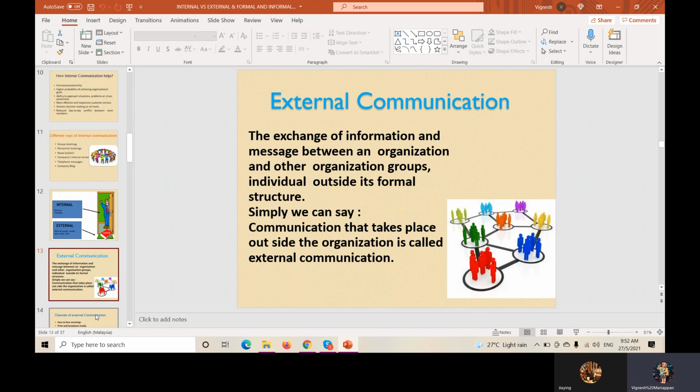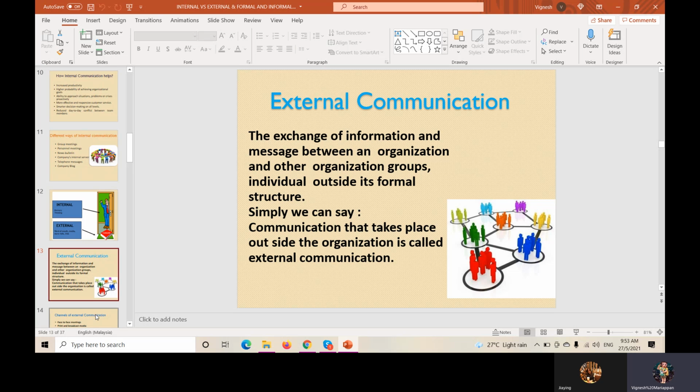Okay, external communication, as I said, you can exchange information with other organizations or any individual outside. Okay, simply we can say communication that takes place outside the organization is called external communication.